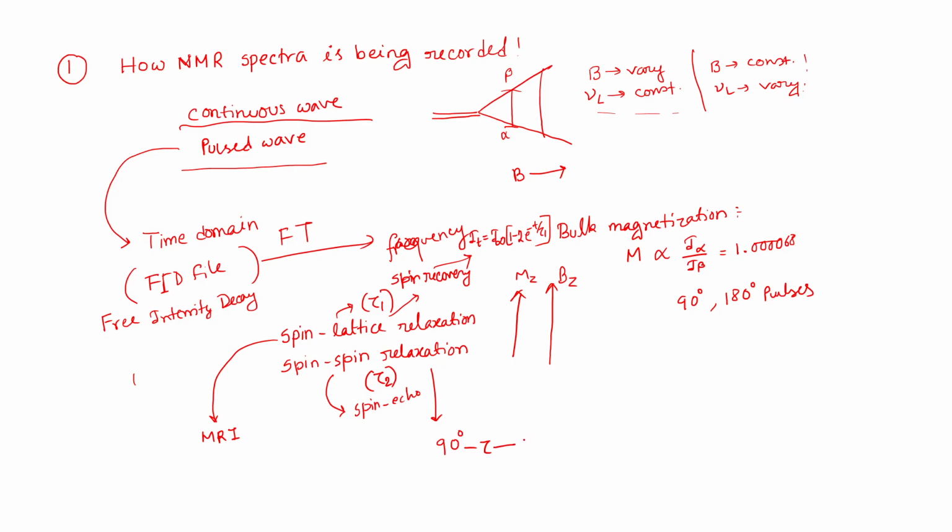Then you again give a 180-degree pulse. Why? Because along the XY direction, because of the inhomogeneity of the magnetic field, as well as the precessing speed or frequency of the nuclei, the same nuclei might have different environments.